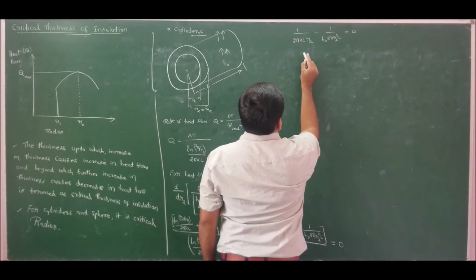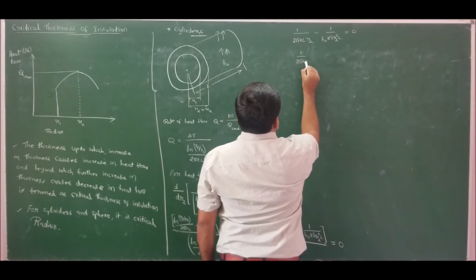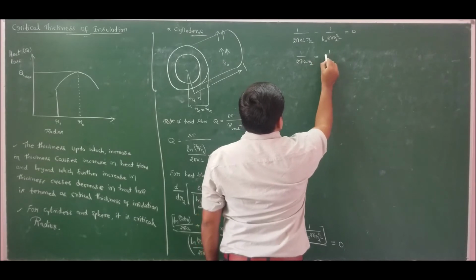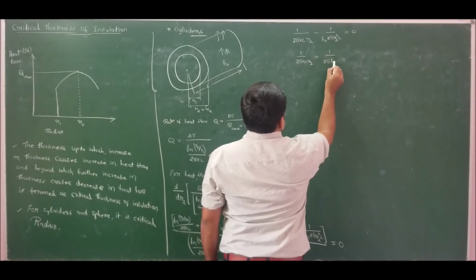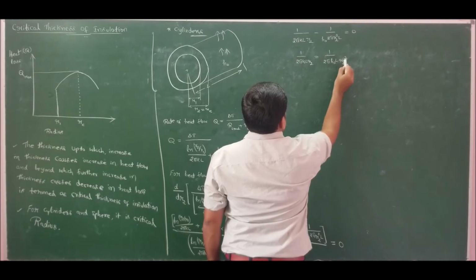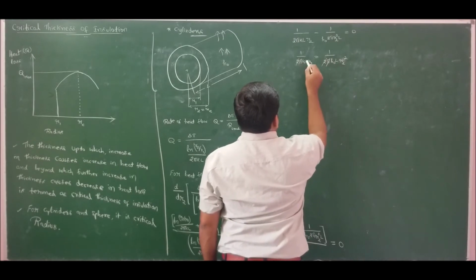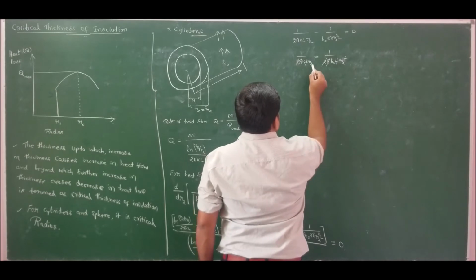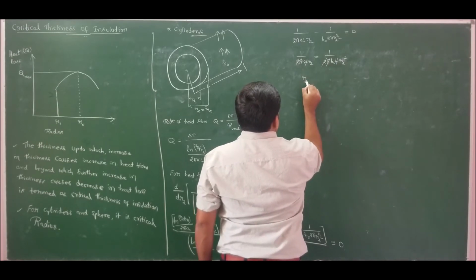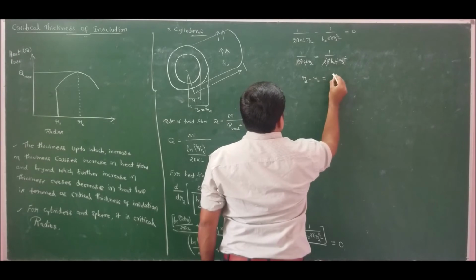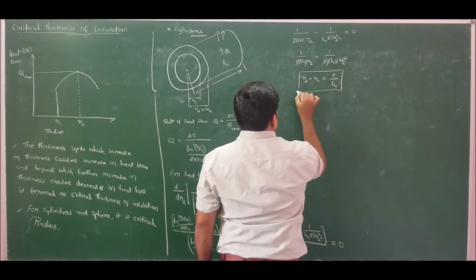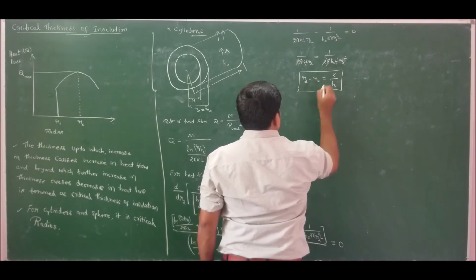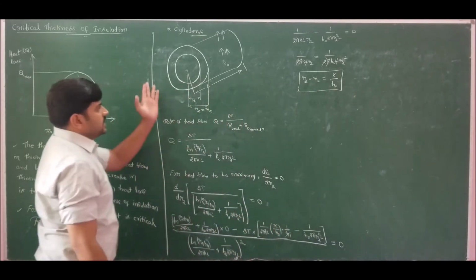So if I solve this, I get 1 by 2 pi KL R2 is equal to 1 by 2 pi h naught L R2 square. I can cancel off 2 pi L on either side. Resolving this, I get the value of R2, which is equal to Rc, which is equal to K by h naught. So we have calculated the critical radius of insulation for a cylinder.